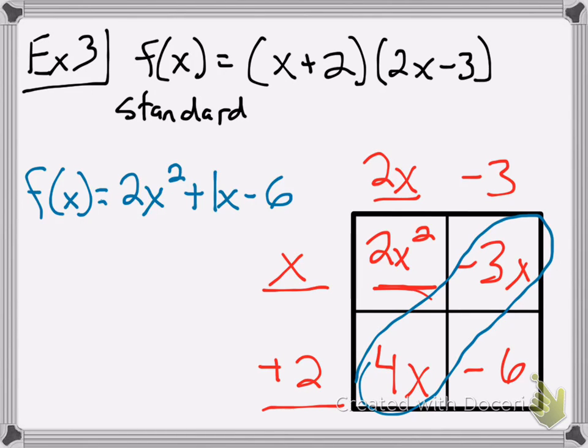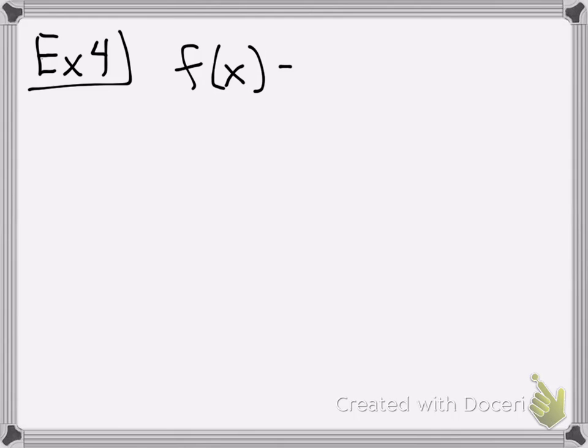Now, let's do something else that's crazy. Okay, let's say I give you one. Let's see what example I'm on. Example 4. Alright, let's say I give you one that's in vertex form.